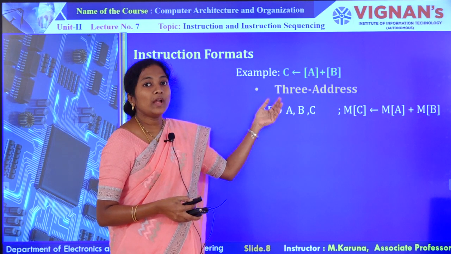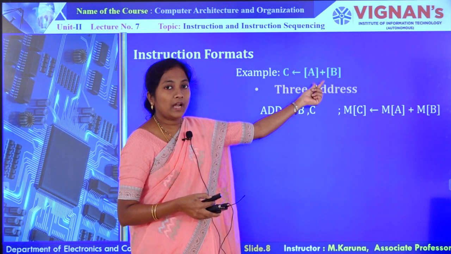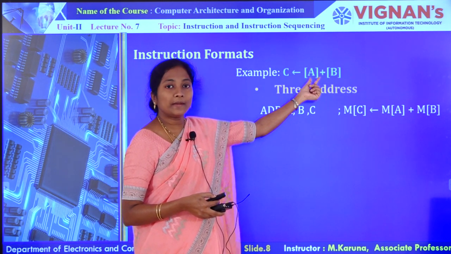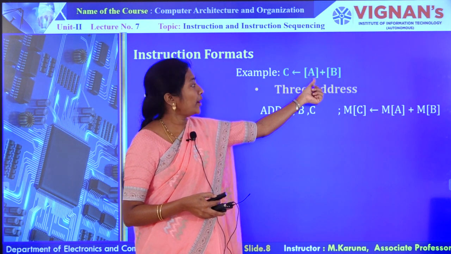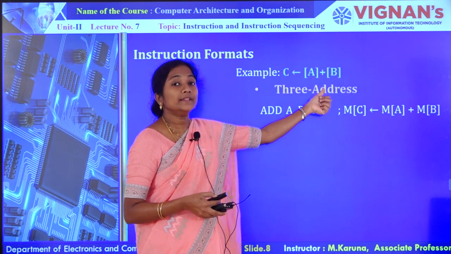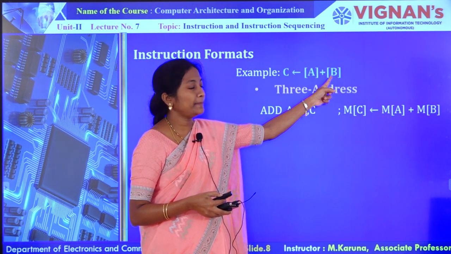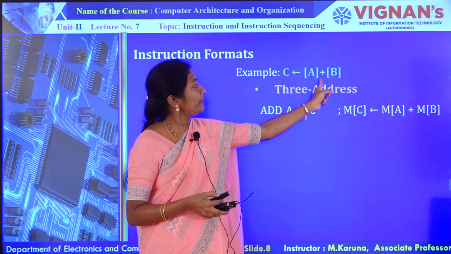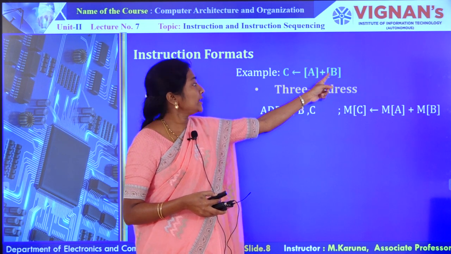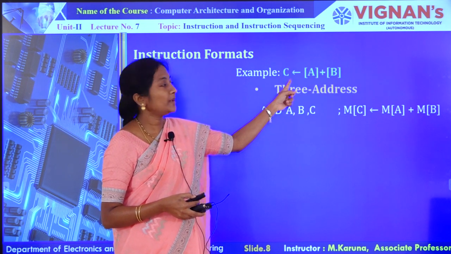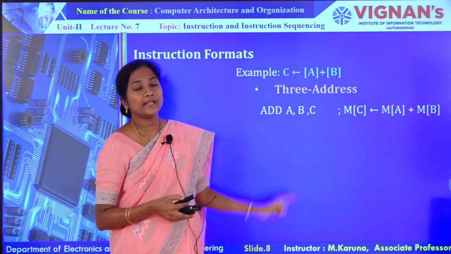Our aim is to add the data available in the memory location pointed by A and the data available in the memory location pointed by B. After performing the operation, result is to be loaded into the memory location pointed by C.